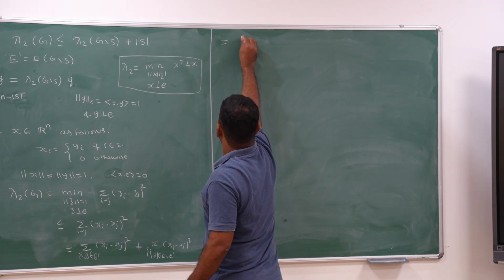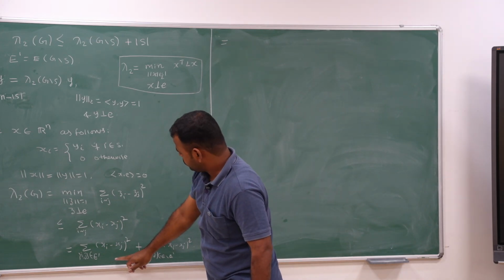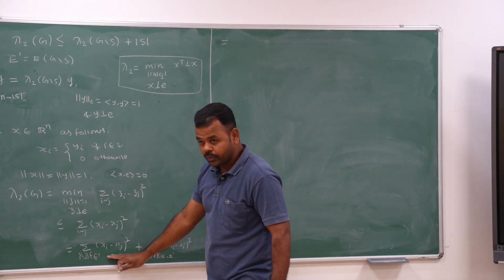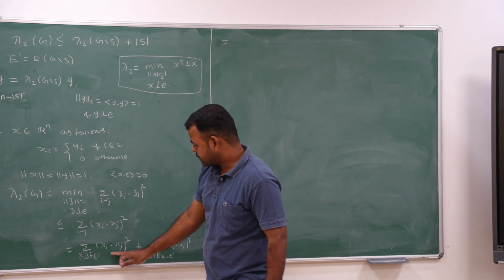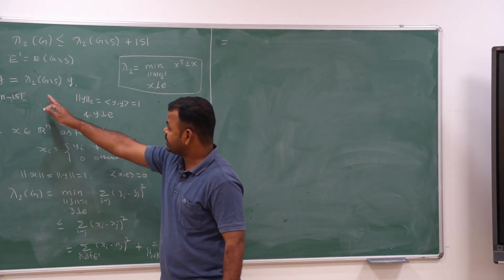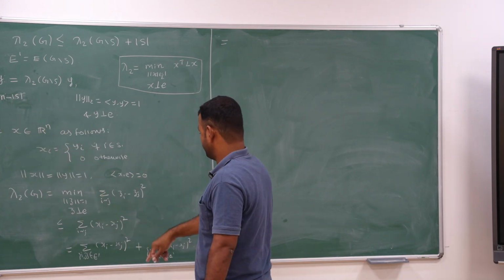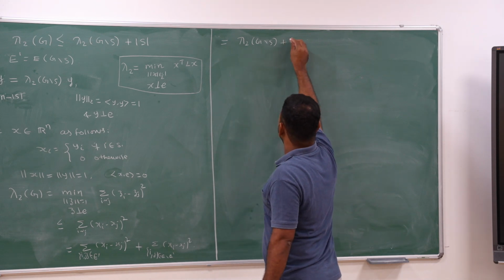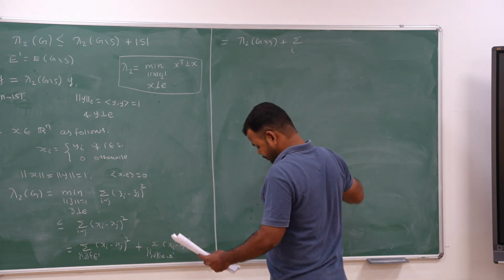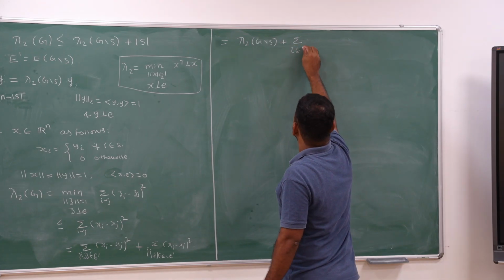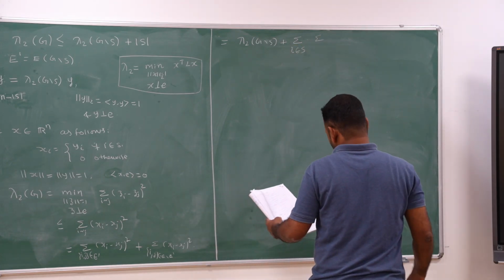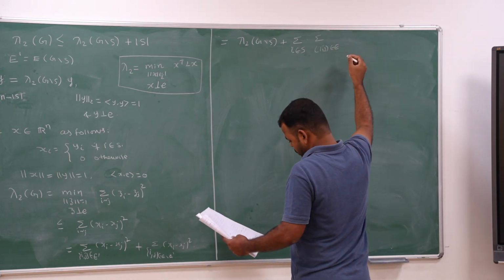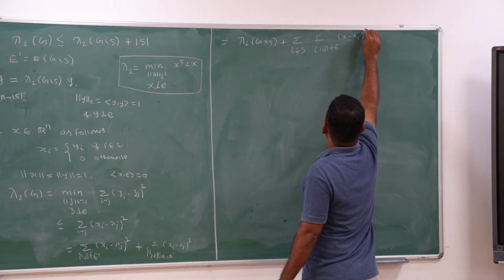For ij in E prime, that means both i and j are in G minus S. So this will be the same as y transpose Ly, that is the same as lambda 2 of G minus S. So this quantity is the same as lambda 2 of G minus S. The second term we can simplify in this way: the sum over i belongs to S and the sum over ij in E of (x_i minus x_j) square.